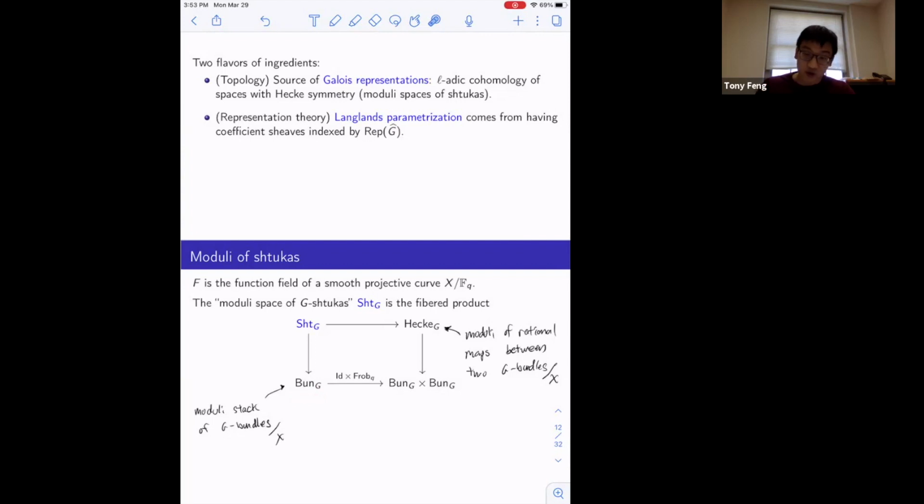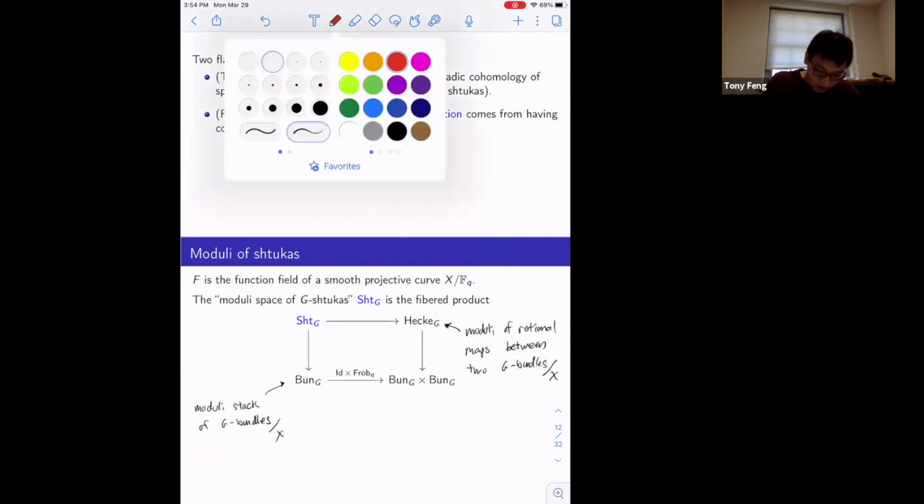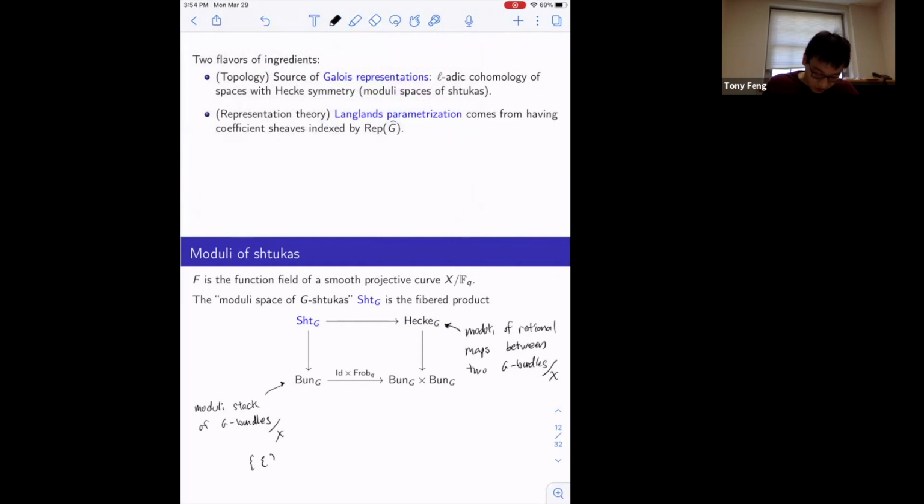If this isn't super familiar to you, you can imagine here that G is GL_n, and G-bundles just means vector bundles of rank n. So Bun_G is the moduli stack of flat families of such things, and this Hecke stack is the moduli space of rational maps between two potentially different G-bundles over X. So your G-bundles might be called E. There's a map here which sends E to E and its Frobenius twist.